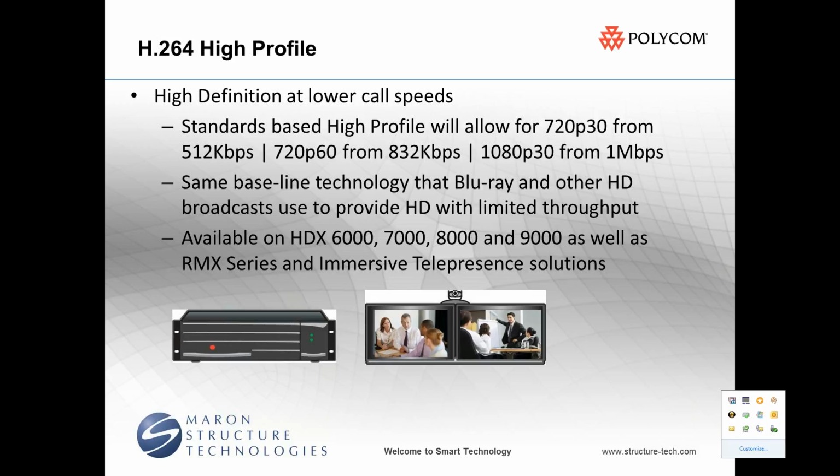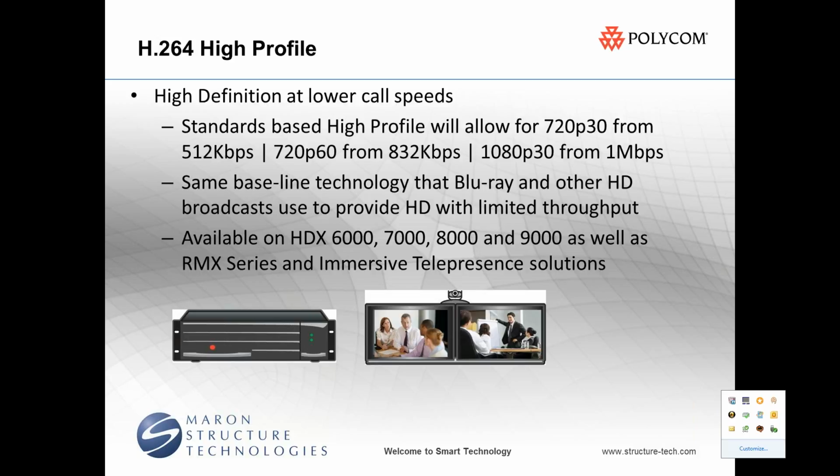This is the same baseline technology that Blu-ray uses, and other high-def broadcasts, even though whether you are aware of it or not, most of the broadcast high-def is really kind of cheating. They are really down at 720i, the lowest high-def possible, so that they can squeeze more channels onto the same channel system.